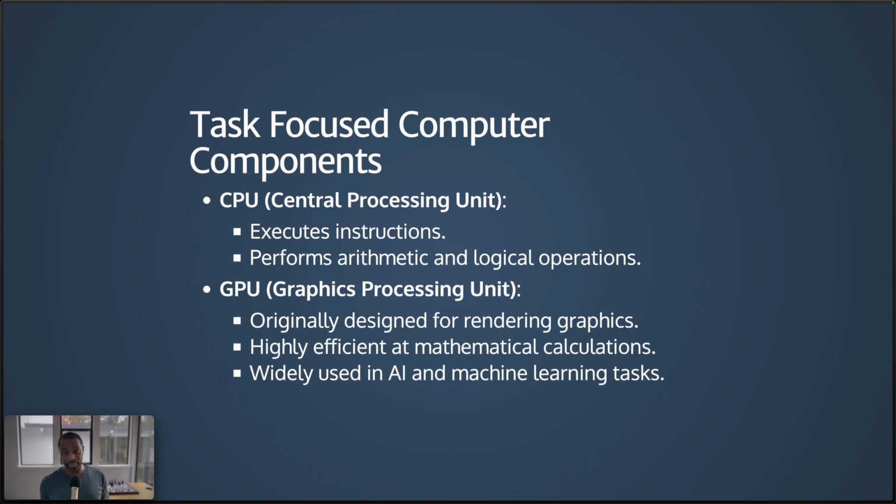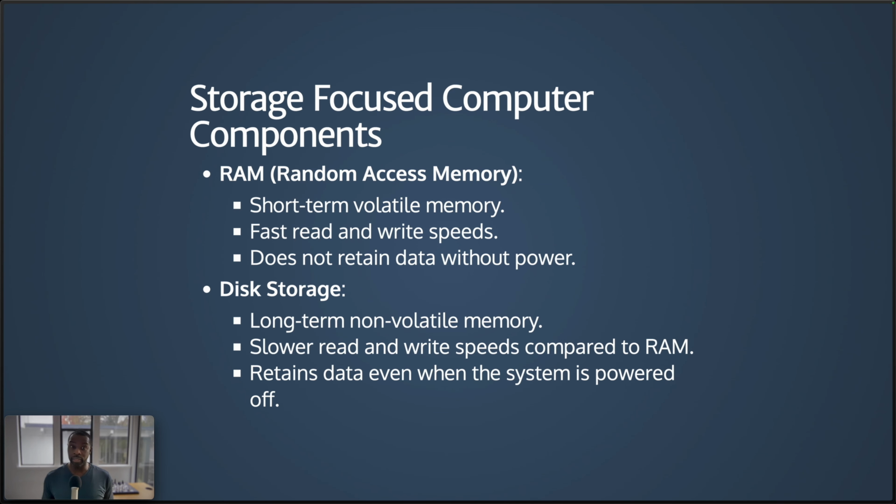It is highly efficient at mathematical calculations, which is why it is now widely used in AI and machine learning tasks. But understand that these are the components of the computer that are using zeros and ones to execute instructions, aka tasks.